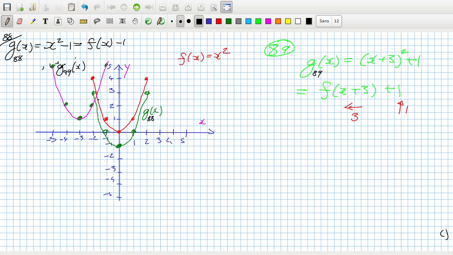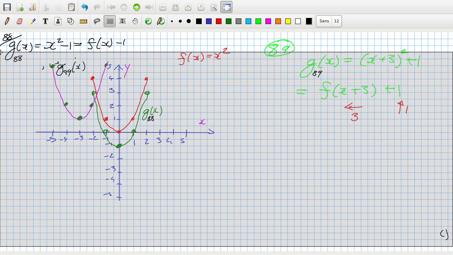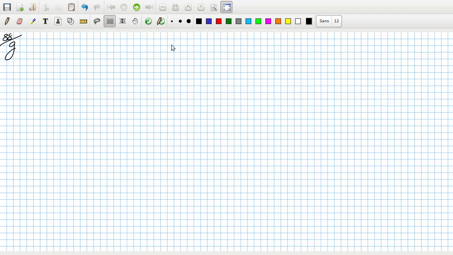Now we have another transformation one. So clear this off. Okay. Root x.